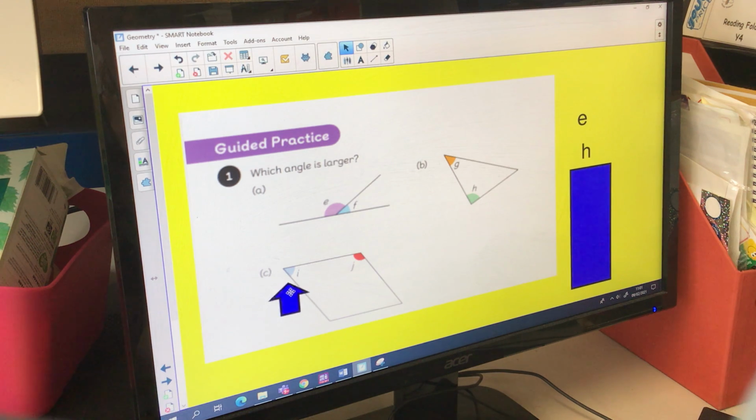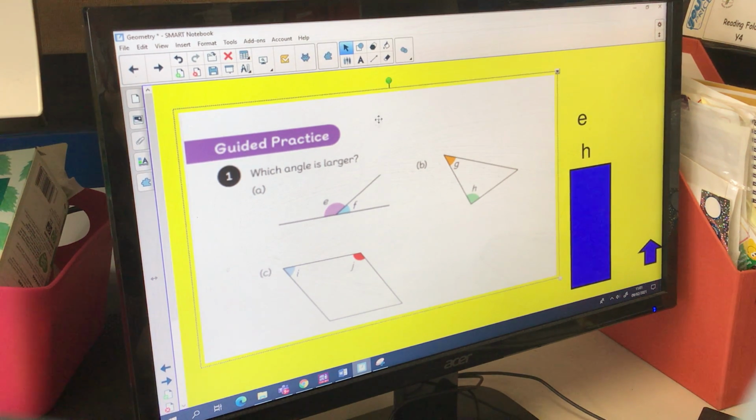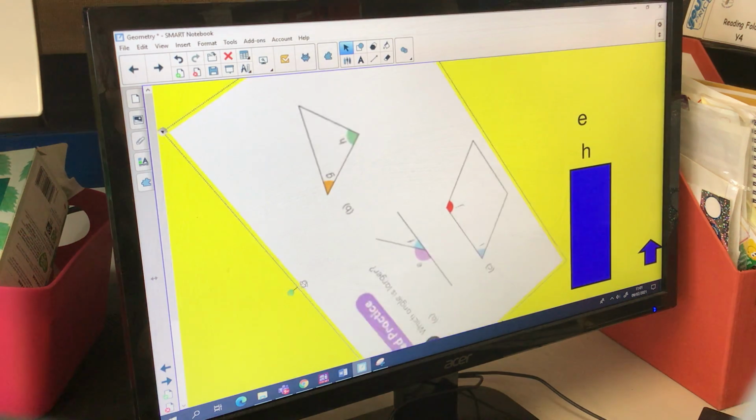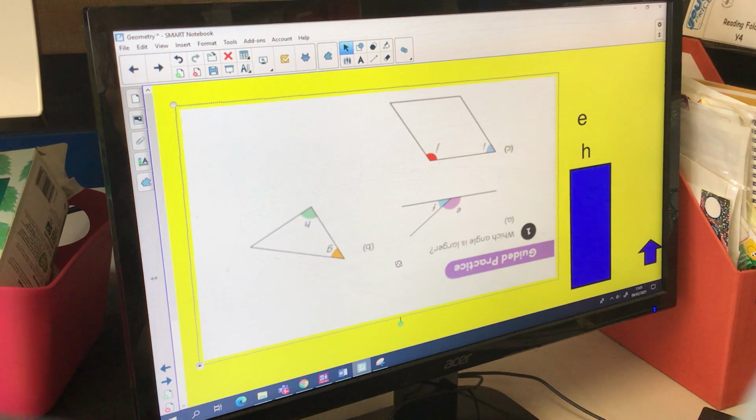This one's a trickier one. Which one is the larger angle? So sometimes you have to turn these things round. If you've got angles at the top, sometimes it's harder to see. I wonder if I can just show you. If you turn it round, like so, yeah, you can now see that J one is quite a wide corner, and this one's quite a tight corner.